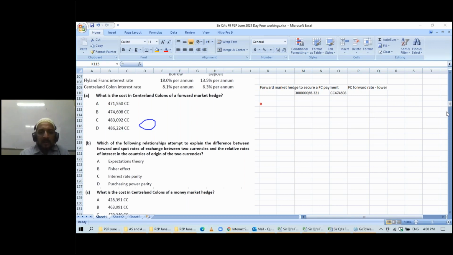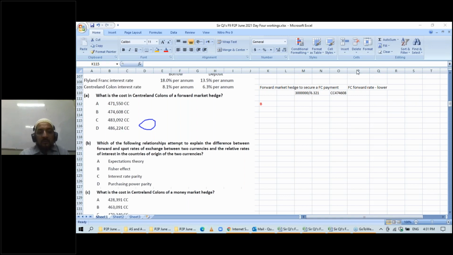Yes, Idrissa gives the correct answer. Purchasing power parity theorem is used in predicting the future spot rate, not the forward rate. They are talking about the forward rate.